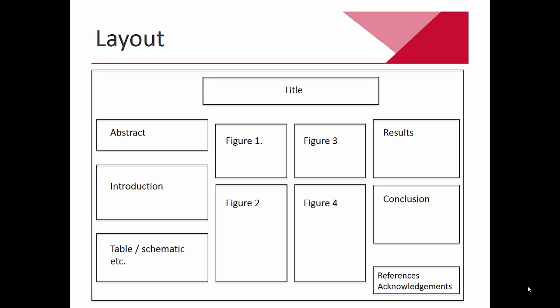So this is an example of a decent layout. So you can see we've got the title clearly at the start. It follows a similar kind of pattern that your report might do, so your lab reports or something like that. So we still have an abstract, there's an introduction, you might have a table, or you might also have a materials or methods section.